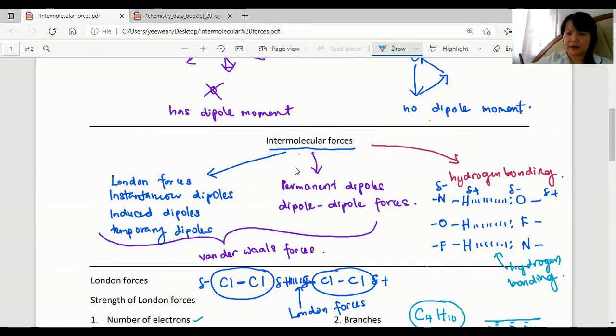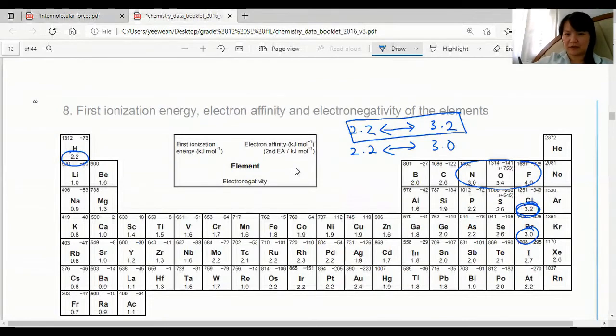Okay, if you look at this hydrogen bond, you'll find that it looks a lot like the permanent dipole. And in fact, it is a permanent dipole. It's just an extra strong permanent dipole. It's just that the delta negative and the delta positive have a very different electronegativity. So if you have H here, it's 2.2, and then N, O, F are 3, 3.4, and 4. So it has a large difference in electronegativity.